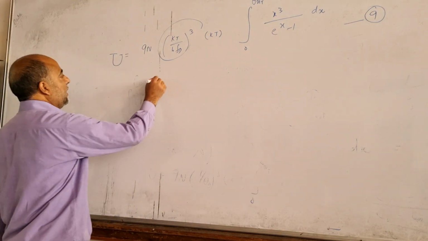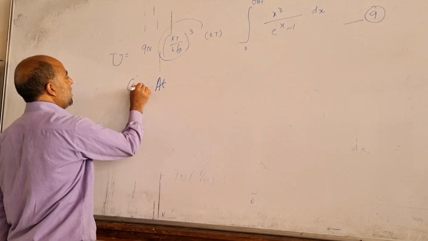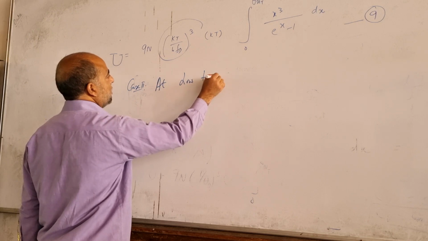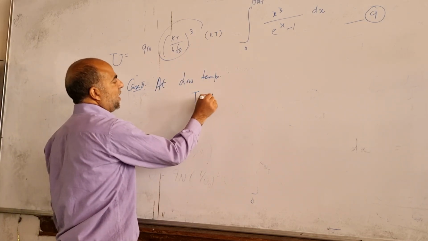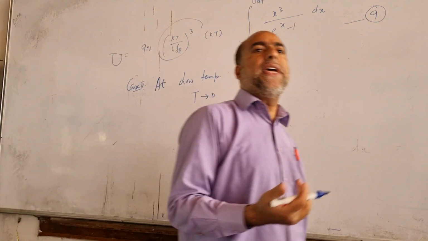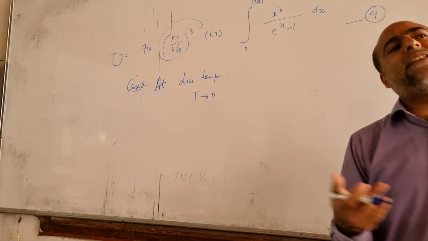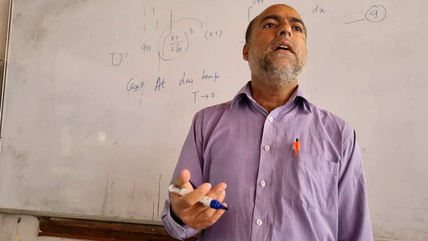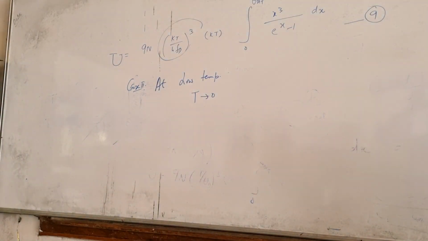So see, the second case, at low temperatures, that means T is tending towards 0. It may not be exactly 0. It may be 0.999 or 0.000000001, but it is not 0.